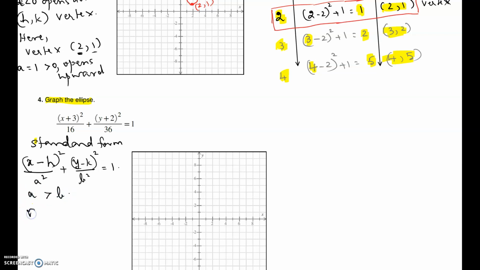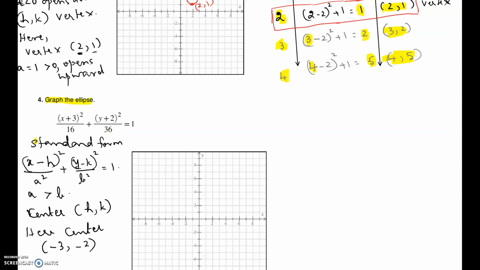Here the center of this ellipse is going to be (h, k). So only in the parabola we use the word vertex. In ellipse and hyperbola we use the center. So in our problem, the center is equal to (-3, -2).